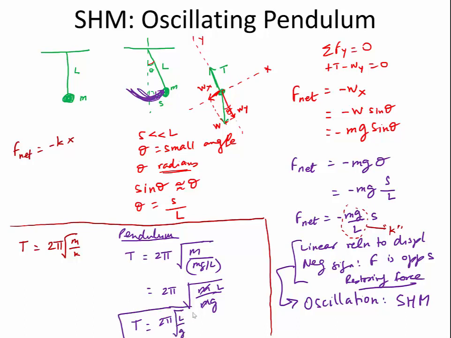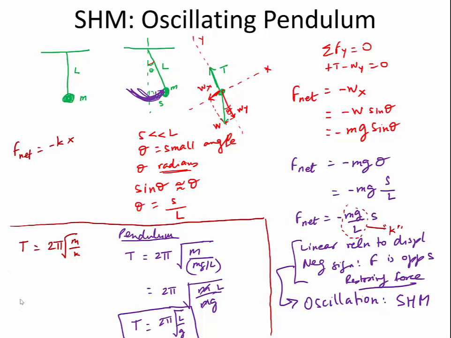So the period of pendulum oscillation depends on the length of the string, and it depends on the acceleration due to gravity. Notably, it does not depend on the amplitude, again just like it didn't for the spring, but in this case it doesn't even depend on the mass. It only depends on the length of the string and the acceleration due to gravity.